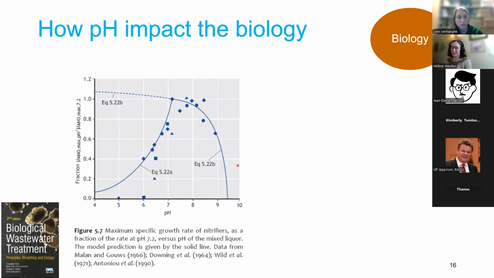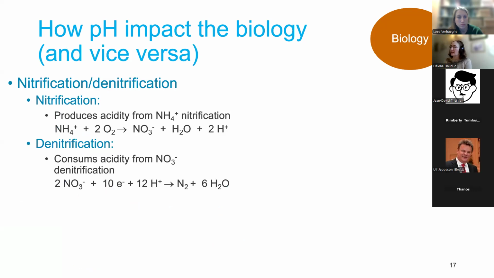So the biology is affected by the pH, but the biology also affects the pH, especially the nitrification process, whose reaction is written here. The oxidation of ammonia into nitrate produces some acidity: for 1 mole of ammonia nitrogen, it produces 2 moles of protons.